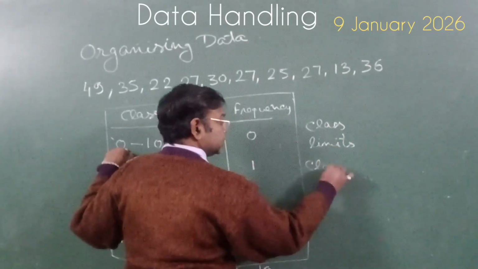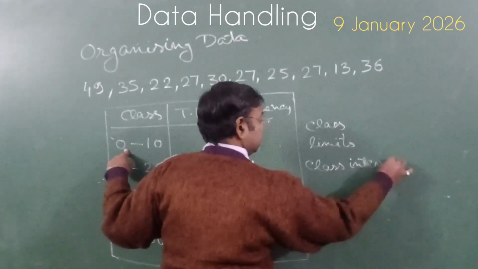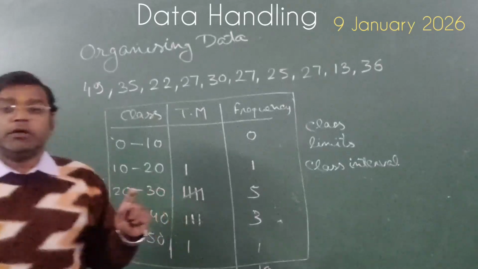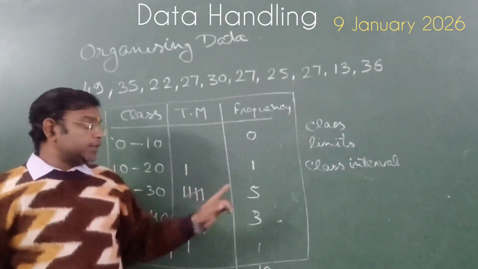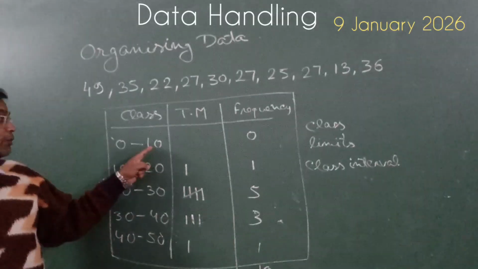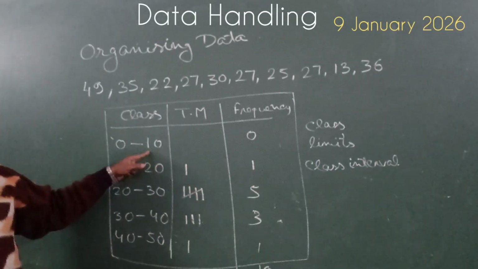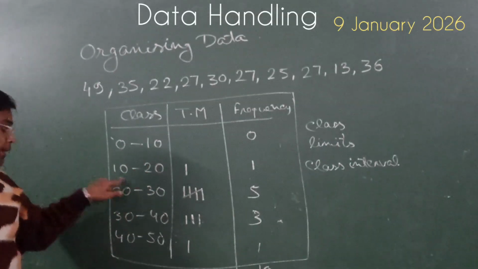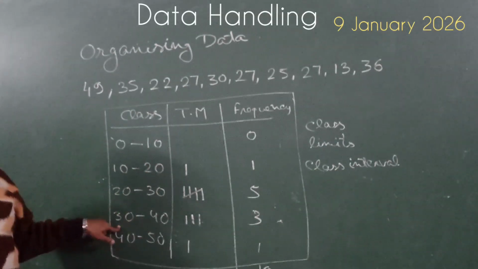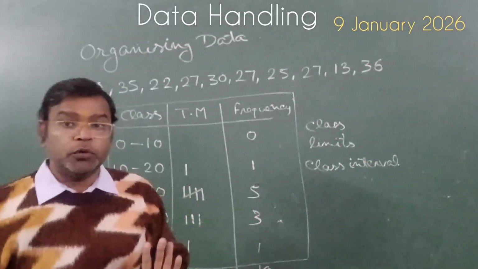Then next is your class interval, or class size, or class weight. All these three are equal. They are the difference between upper limit minus lower limit for a particular class. So in this case it's 10, again 10, again 10, again 10. So class interval must be the difference of upper limit and lower limit.